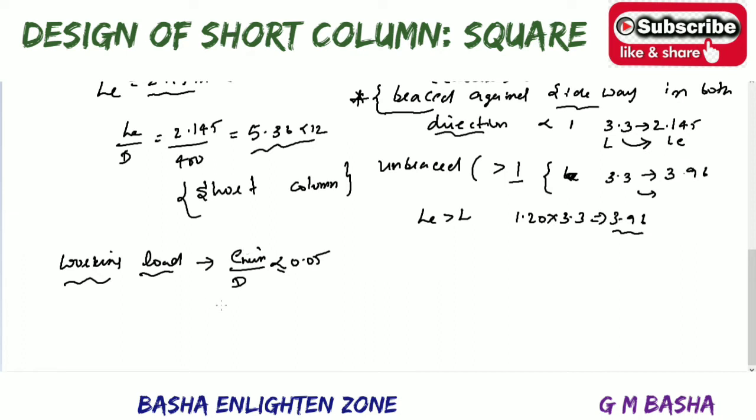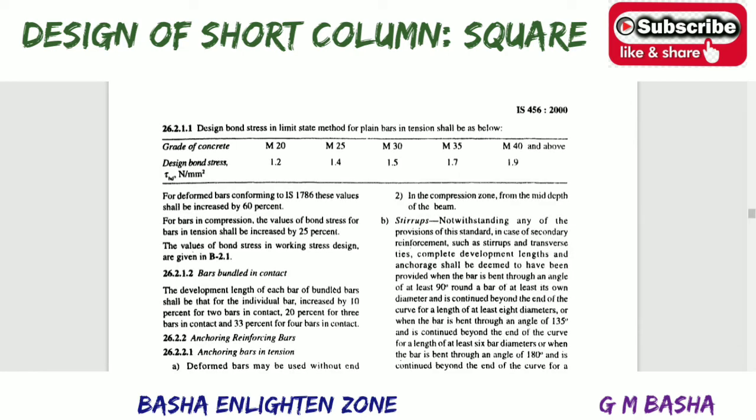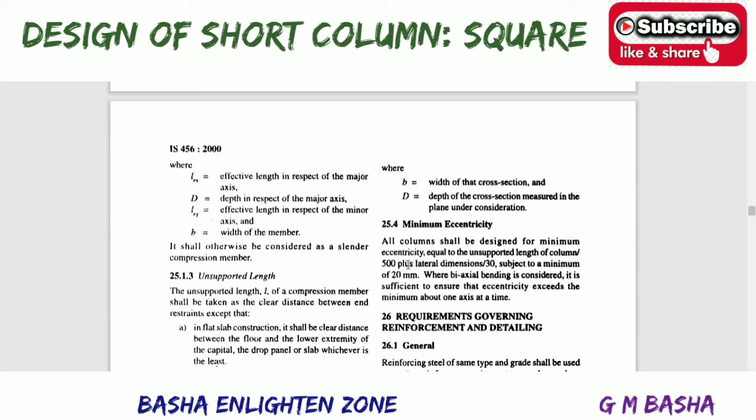So for finding this minimum eccentricity, what is the formula here? It is on page number around 42. See here, minimum eccentricity: all columns shall be designed for minimum eccentricity equal to the unsupported length of the column by 500 plus lateral dimension by 30, subject to a minimum of 20 mm.